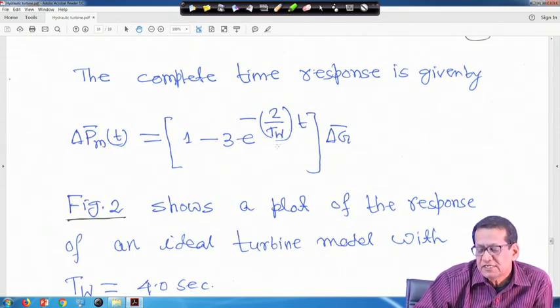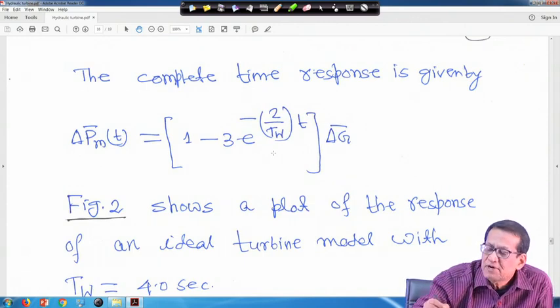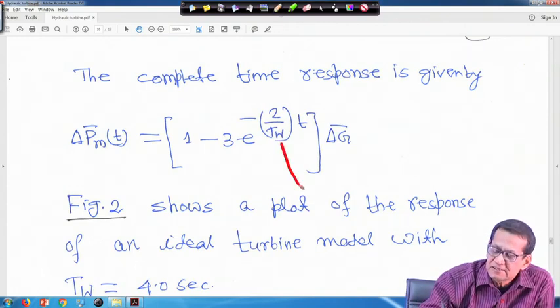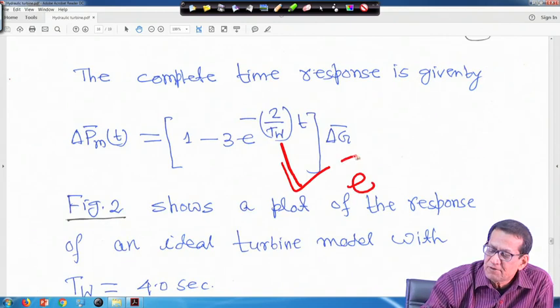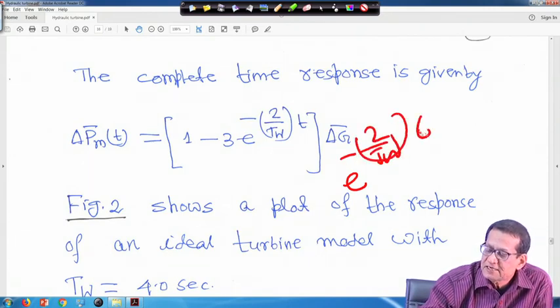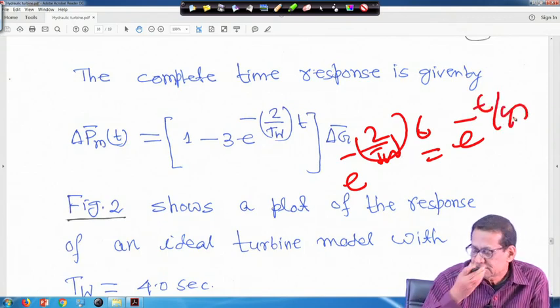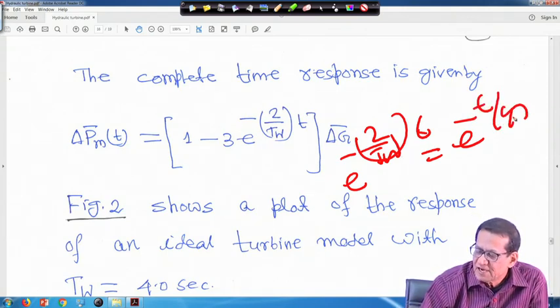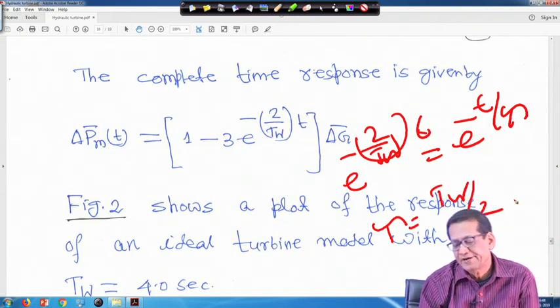So tau will be T w by 2 seconds. This equation can be written as e to the power minus T by tau. So tau is the time constant, and tau is equal to T w by 2.